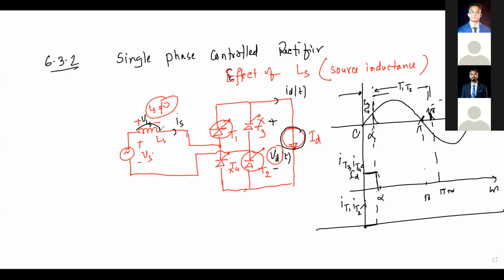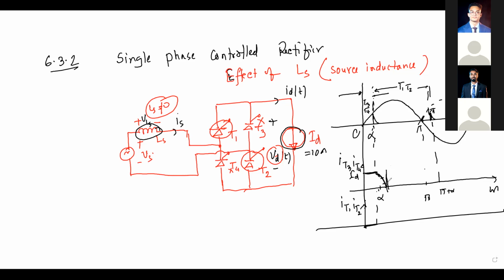But because of the presence of this LS, this current will not fall immediately to 0, rather it will take some time. So from say this 10 ampere, it will go to 5 ampere, then 3 ampere, then 0 ampere.